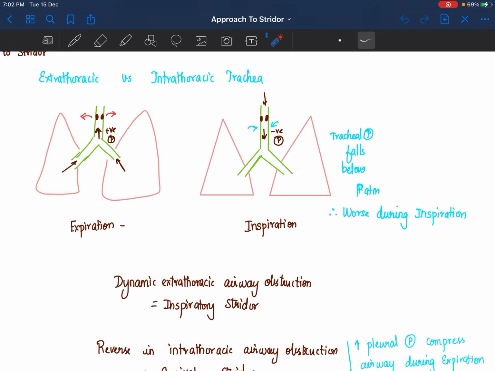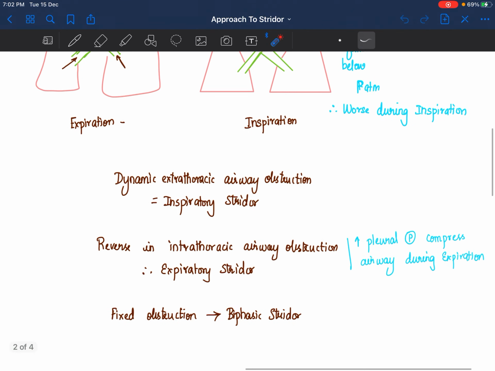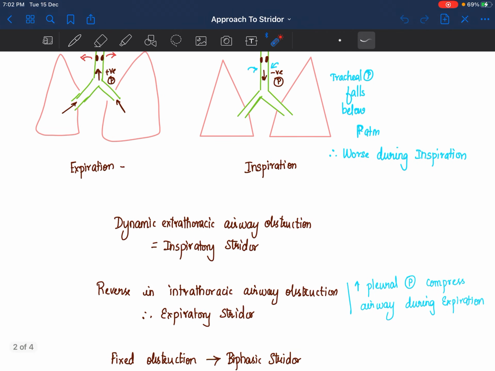Why during inspiration? Inspiration is a negative pressure, correct? So if there is a negative pressure, the tracheal pressure falls compared to that of the surrounding pressure. So this surrounding pressure will cause collapse of the airway. So that is why you have a stridor that is worsening during inspiration rather than expiration. The reverse happens during an intrathoracic airway obstruction.